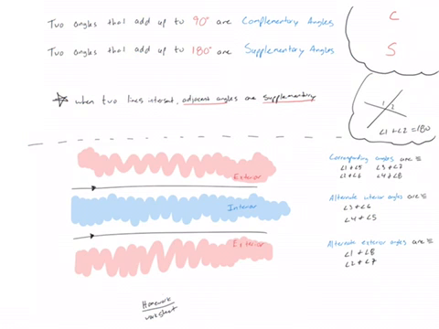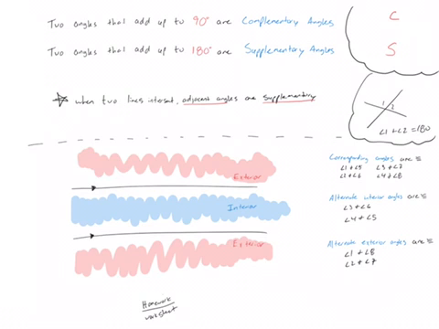Alright, when two angles add up to 90 degrees, we say that they are complementary angles, or one's the complement of the other. When two angles add up to 180, we call them supplementary angles, or one's the supplement of the other.